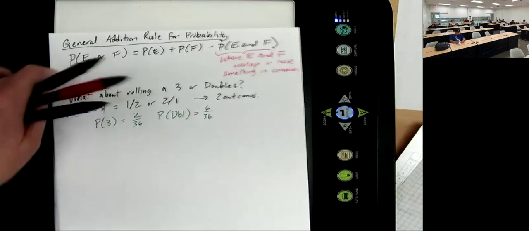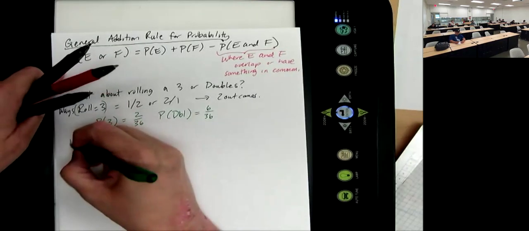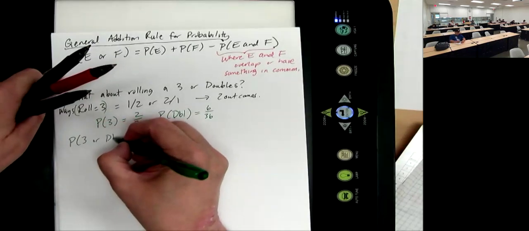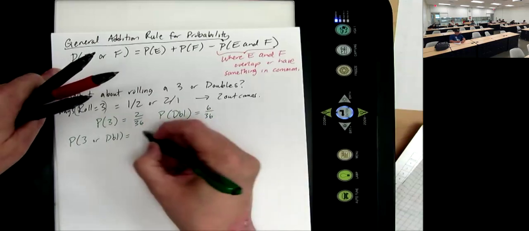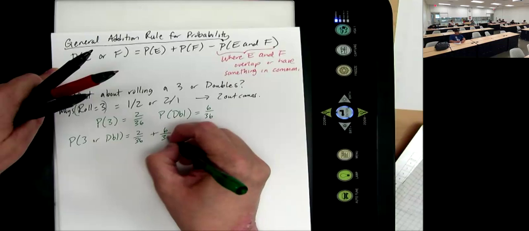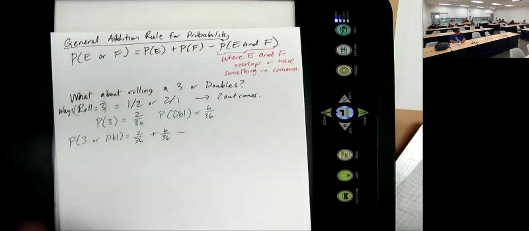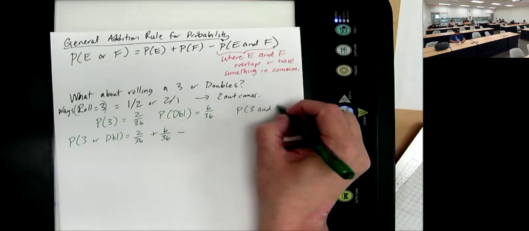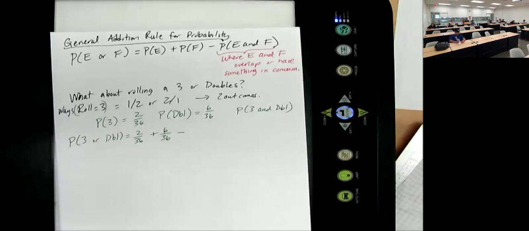If we plug our stuff into this up here, the probability of 3 or double, we get 2/36 plus 6/36, minus the probability of 3 and double. Is there any overlap between those?